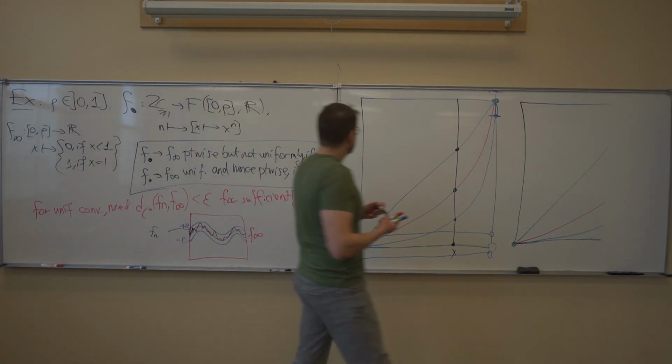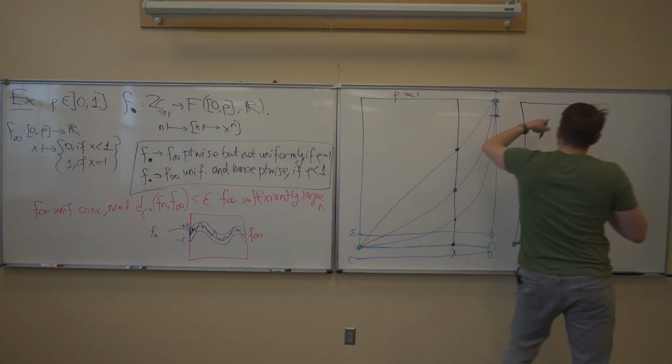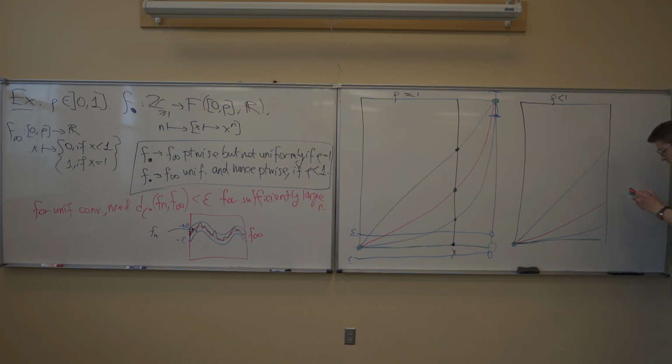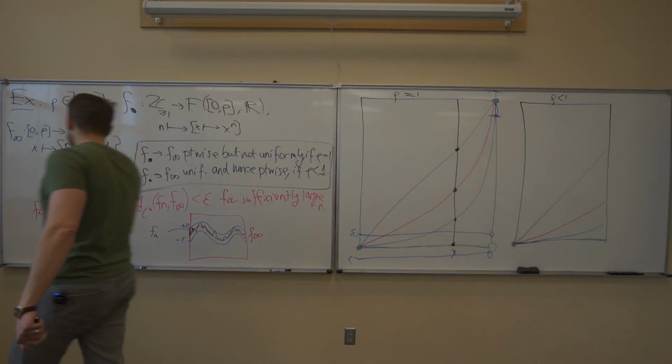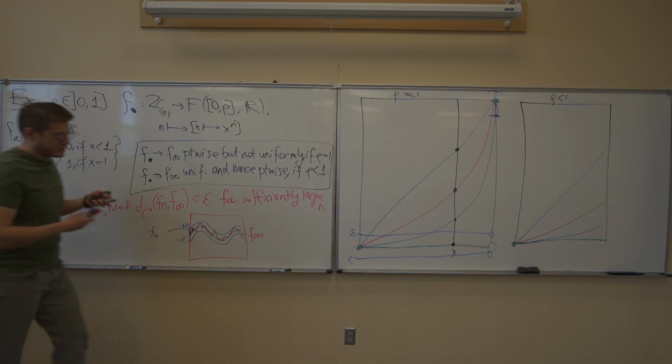So this was the rho equals 1 case. Now this is the rho less than 1 case, maybe 1/2 or something. Obviously, it doesn't matter what the exact value of rho is. So somewhere here. Now see what happens. In this case, my target function becomes the function that is constantly 0.